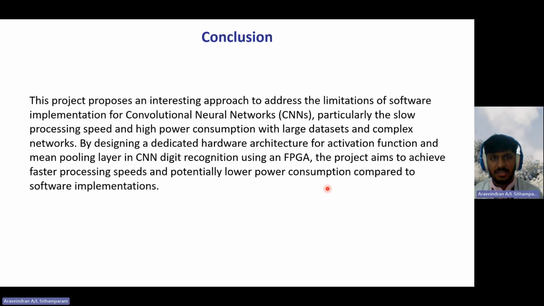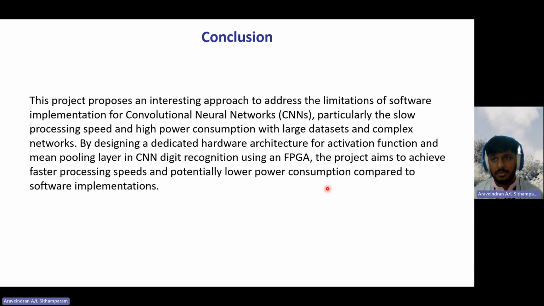So this is the conclusion. This project proposed an interesting approach to address the limitations of software implementation for convolutional neural networks, particularly the slow processing speed and high power consumption with larger datasets and complex networks. By designing a dedicated hardware architecture for the activation function and mean pooling for image recognition using FPGA, the project aims to achieve faster processing speed and potentially lower power consumption compared to the software implementation.